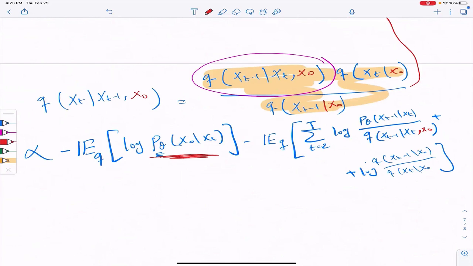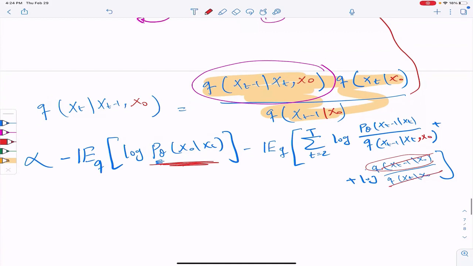Okay, so what about these terms? What is the distribution of q xt minus 1 given x0? Just a Gaussian distribution. Does it depend on theta? It doesn't depend on theta, assuming that betas and everything are fixed, right? Forget about it. What about the other distribution? Again, another Gaussian. Doesn't depend on theta. I don't care about it in my optimization.